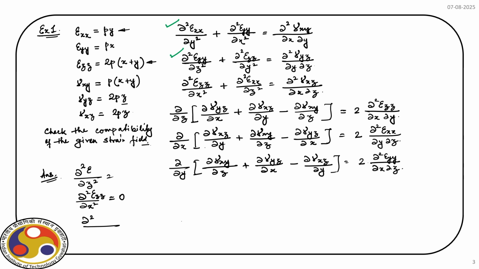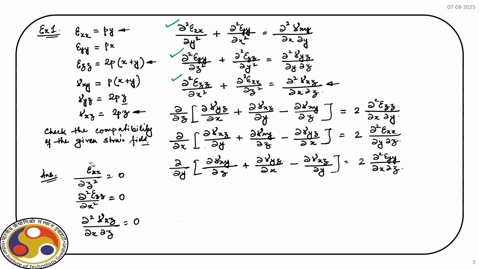So, if we differentiate twice with respect to z, this will be 0. On the right hand side, we have gamma xz, which we differentiate with respect to x and z. First with respect to z, we have 2p, and then with respect to x, we will get 0. So, the third condition is also satisfied.